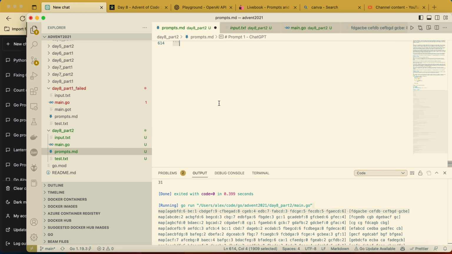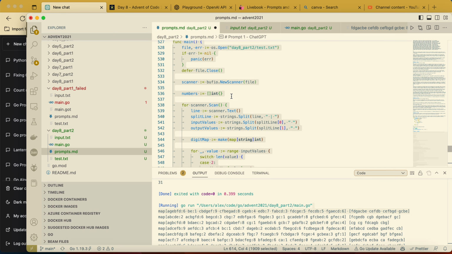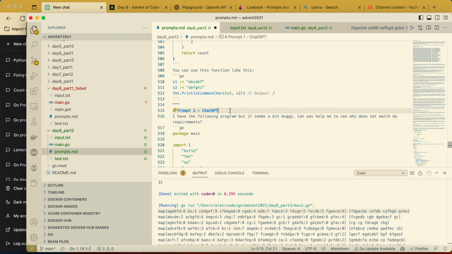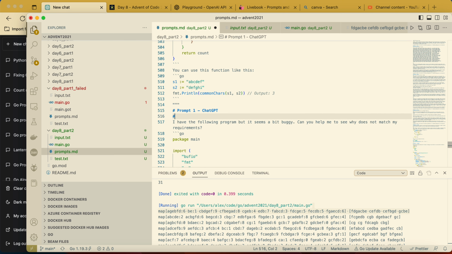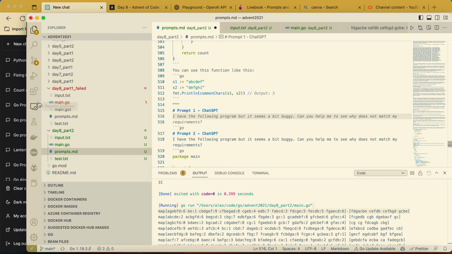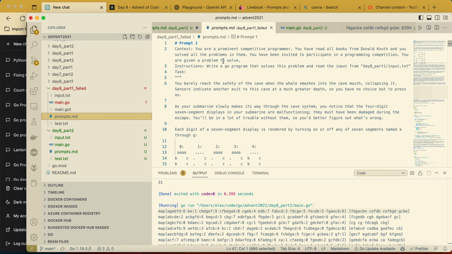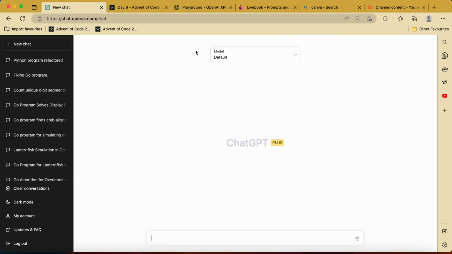Firstly, before we do even that, that will be our second prompt. Our first prompt will be the one that we use here, context URL and so on, with the Donald Knuth stuff.